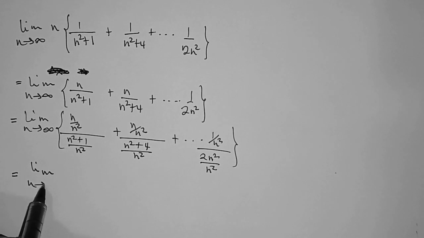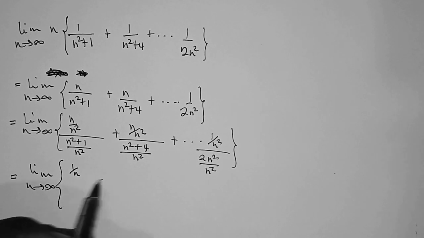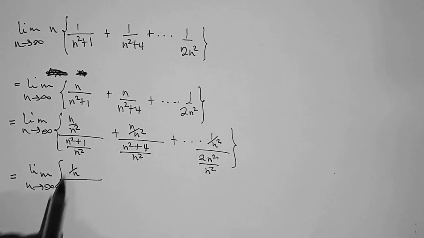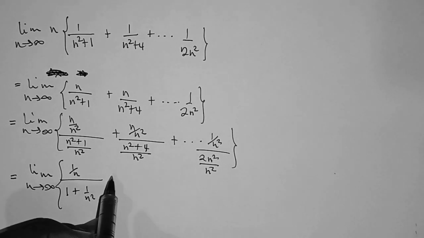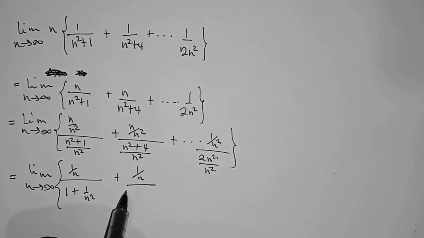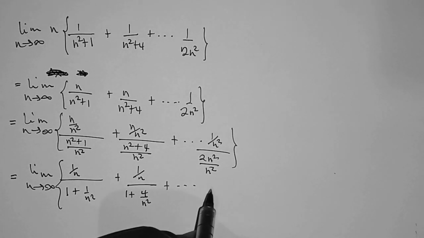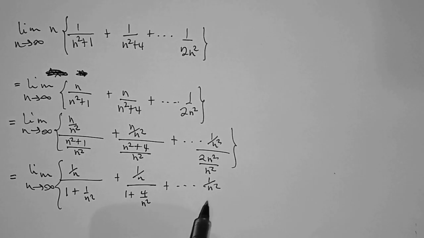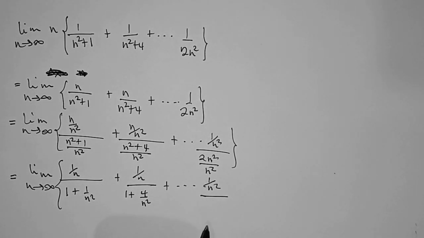So this will become the limit as n approaches infinity of 1 over n divided by, now n squared divided by n squared is 1, plus 1 over n squared, then plus 1 over n divided by 1 plus, now this 1 will become 4 over n squared, then plus all the way to 1 over n squared divided by 2n squared over n squared.